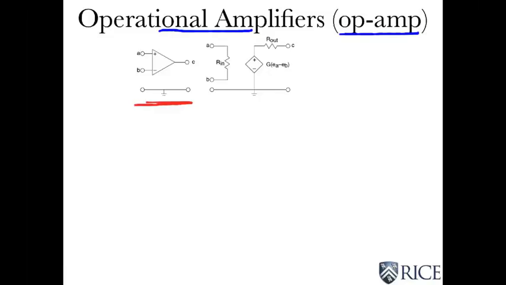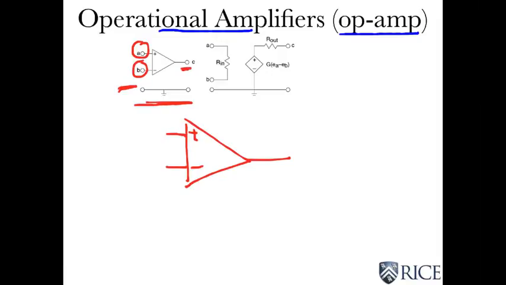It has this triangle that has a plus and minus input, which I've labeled, I'm thinking here of nodes. So that's node A and node B. And down here's the reference. The output comes out the end of the triangle, and that's node C. And we're going to plug that into a circuit in just a second.